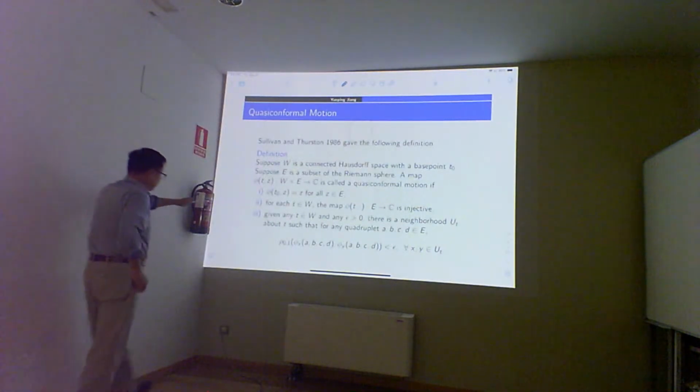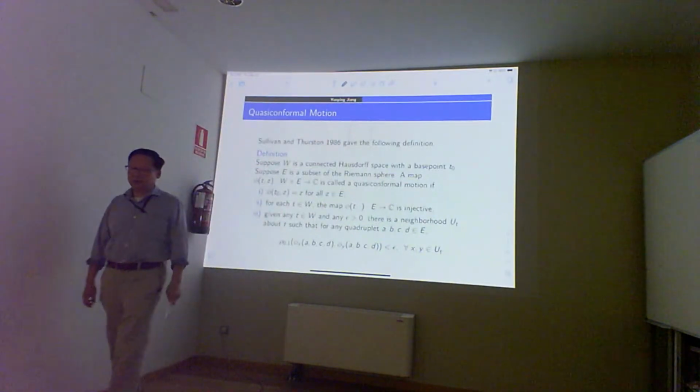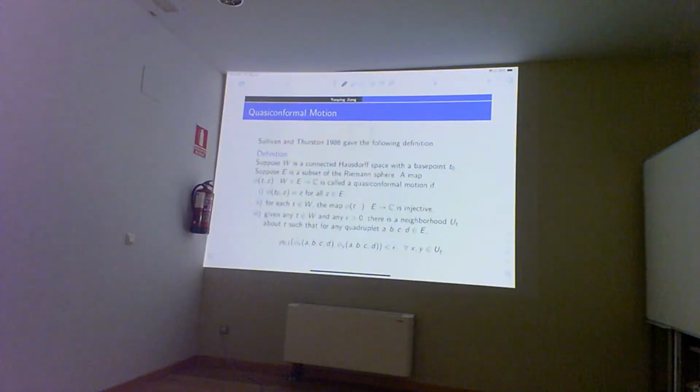So here the holomorphic condition is replaced by a kind of quasi-conformal condition. In this definition, sorry, there is no constant K of quasi-conformality. That's the key point.